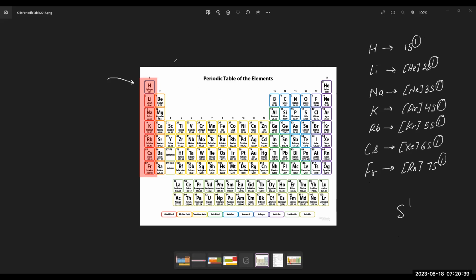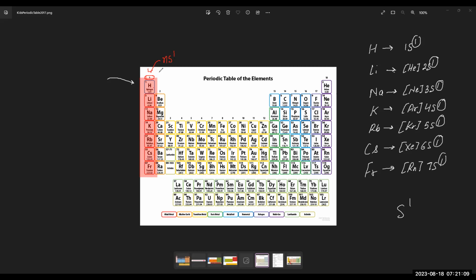So can I say the general configuration of this family is ns1? 1s1, 2s1, 3s1, 4s1, 5s1, 6s1. And how many valence electrons are there? 1. What is the group number, children? Group number 1. Group number 1 has 1 valence electron.